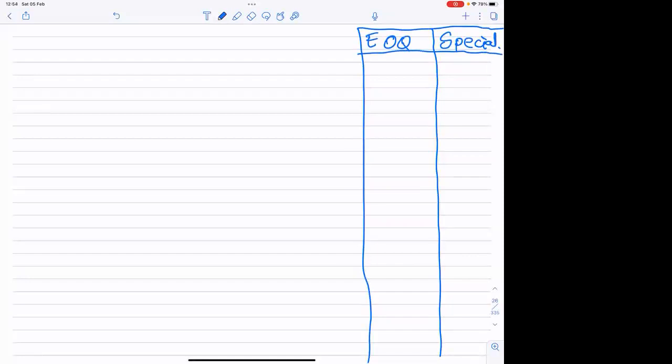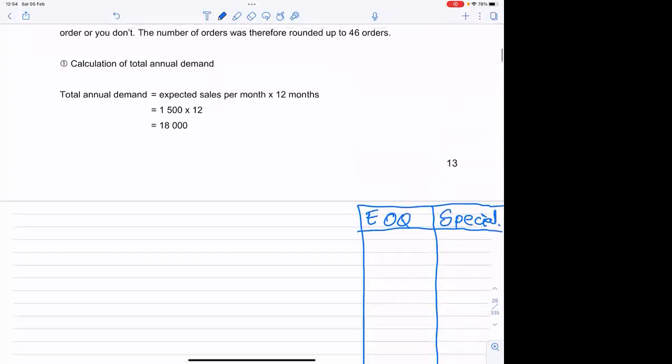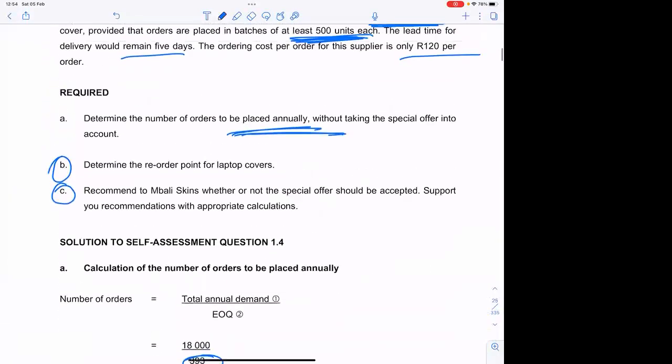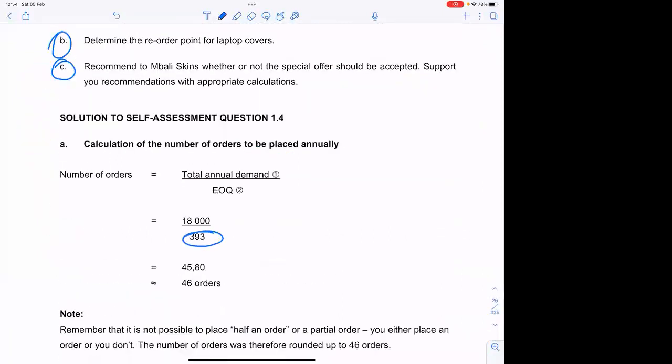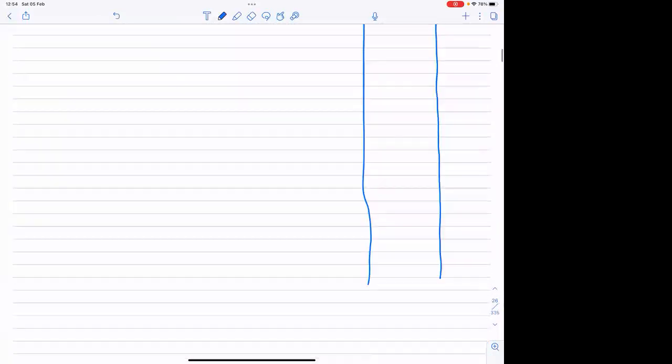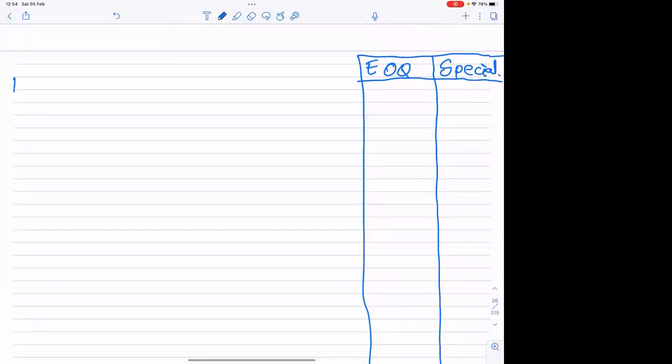Are we together? So we now have two options. You are now a management accountant, good people. You need to make a decision. We want to see whether it is okay to take this offer or to continue with the offer that we currently have. Let's start with the purchase cost.